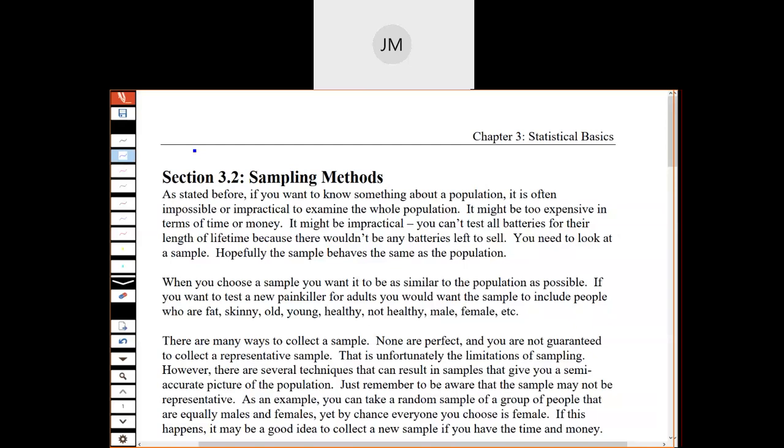There's a lot of people in Illinois. And it would be very time consuming and expensive to survey millions and millions of people. So what I could do instead is talk to say 1,000 people, find out their opinion, and that will give me a good idea for how people in Illinois feel.